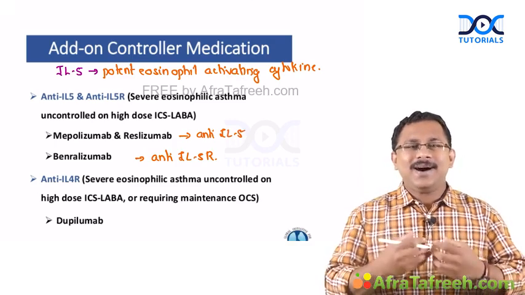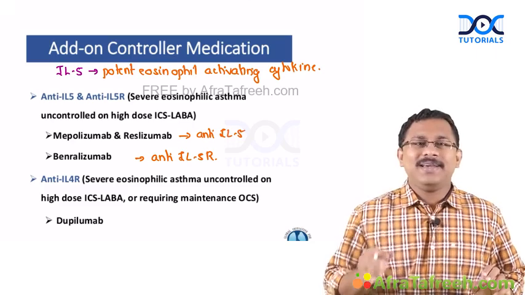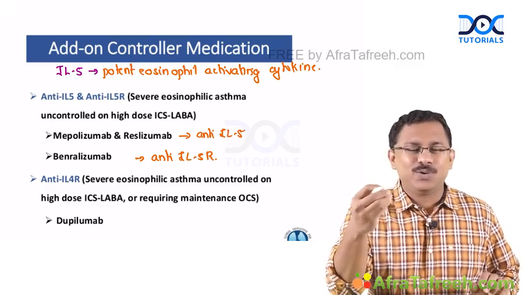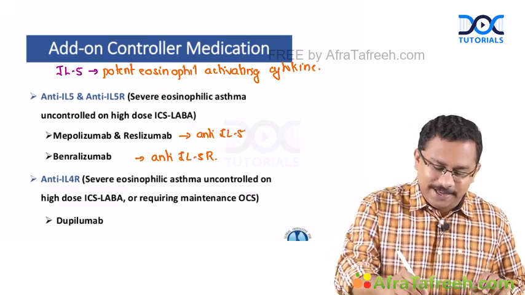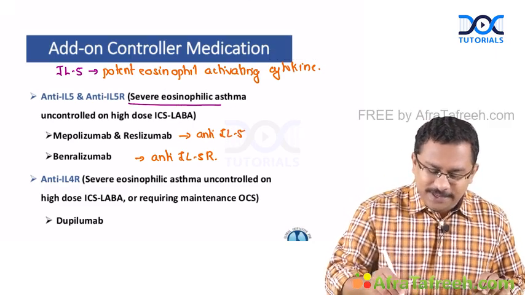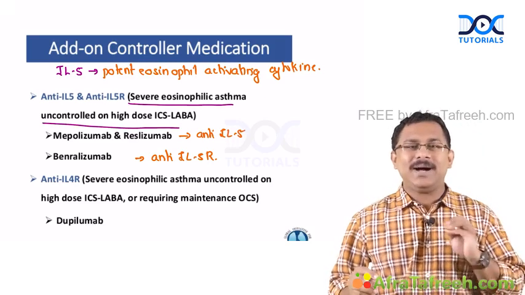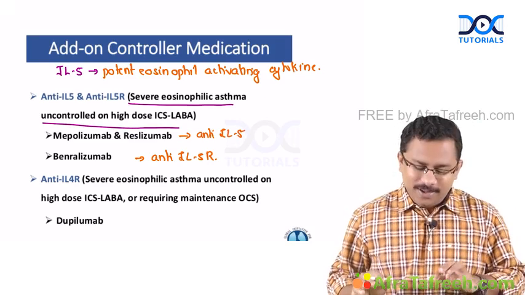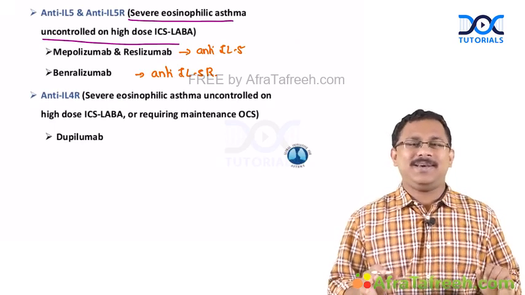And when are these agents useful? Here again, they are useful in severe eosinophilic asthma. Why eosinophilic asthma? I already told you. IL-5 is a potent eosinophil activating cytokine. So severe eosinophilic asthma uncontrolled on high dose ICS-LABA, that is when you use these agents. Okay, all right. Now coming to anti-IL-4 receptor.